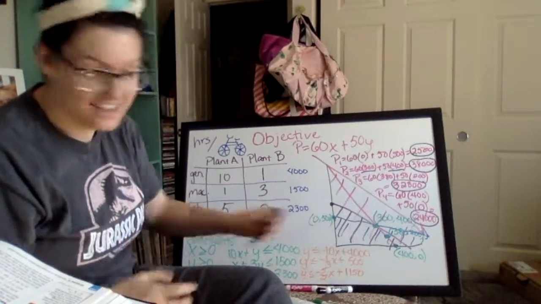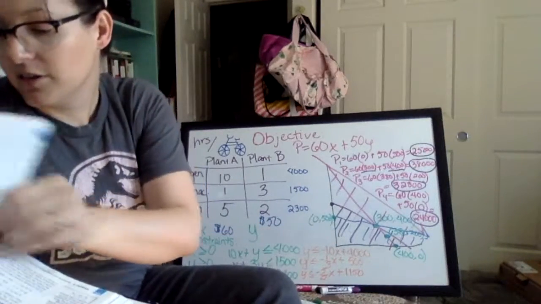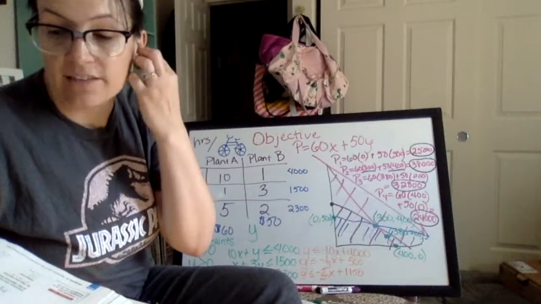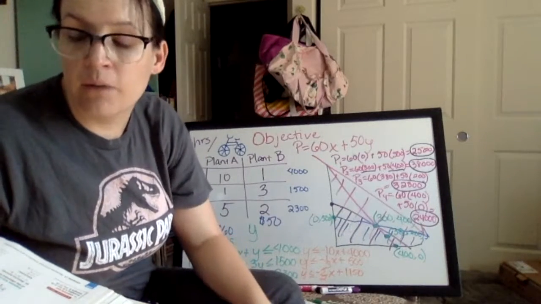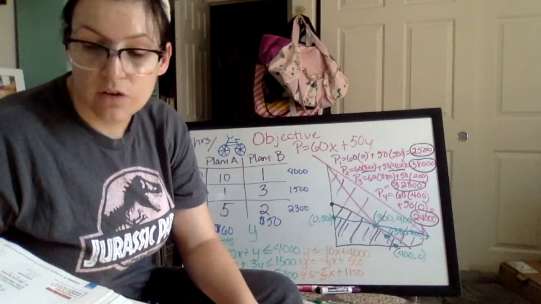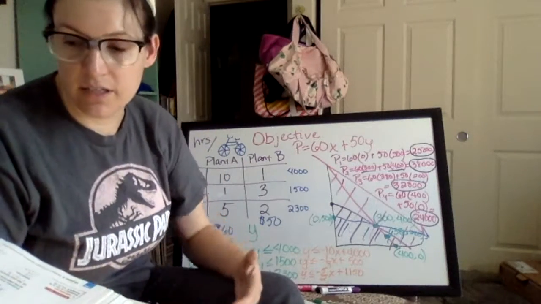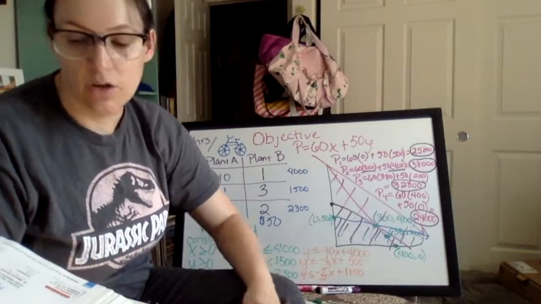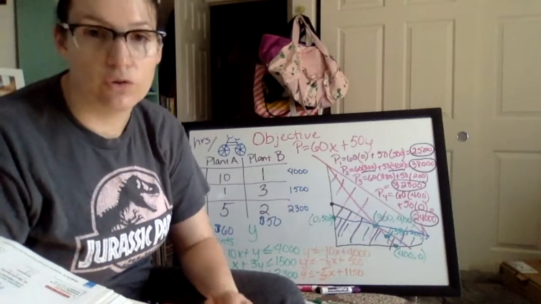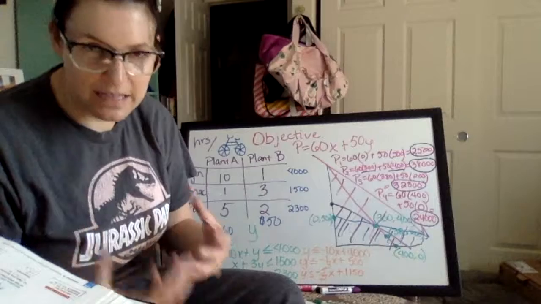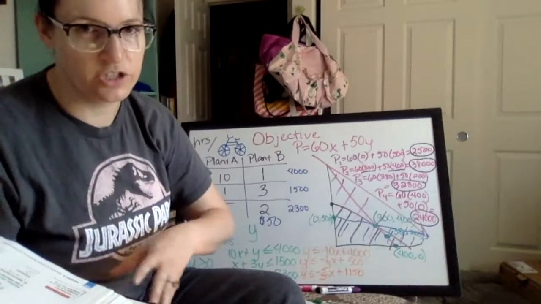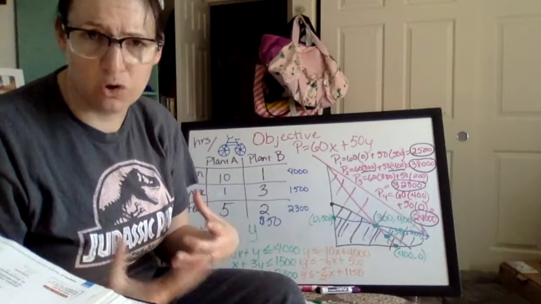That's it. So, your homework is going to be asking you to find the minimum and maximum values for each region. You're going to be plugging them into the objective function, which is the function that they give you. It's usually labeled objective function, but that's the actual equation.